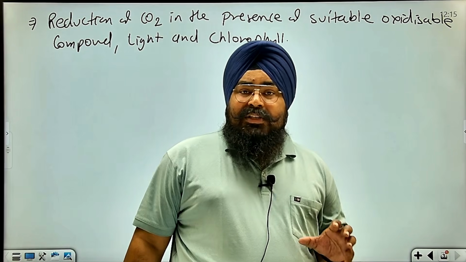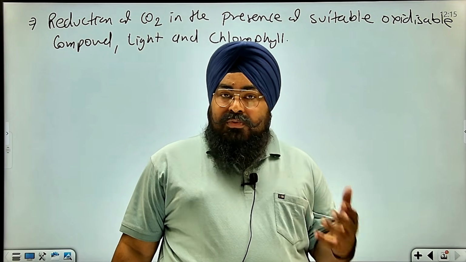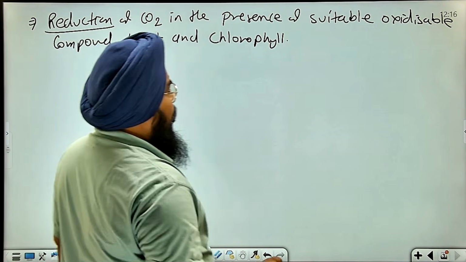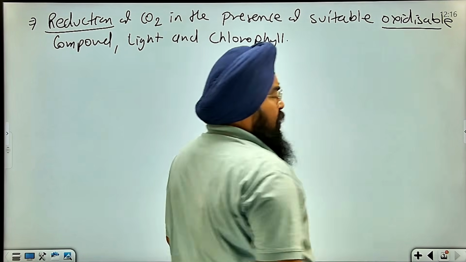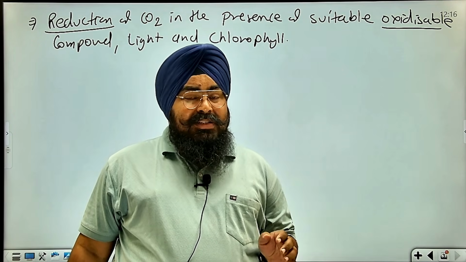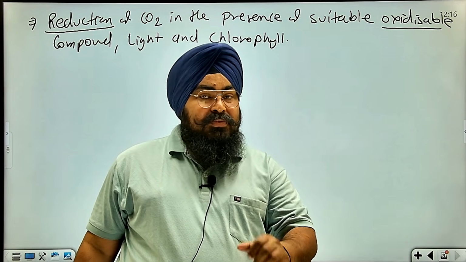This definition represents the chemical aspect of the photosynthesis process, because reduction and oxidation are both words used in chemistry.